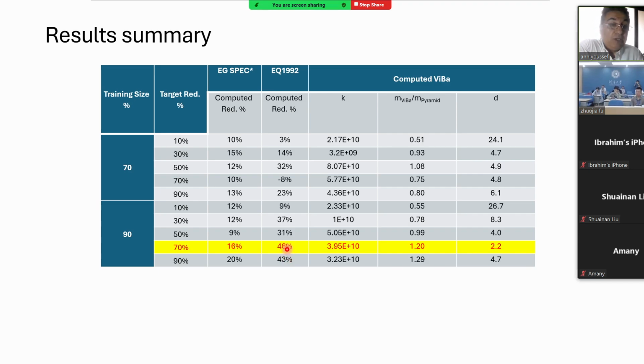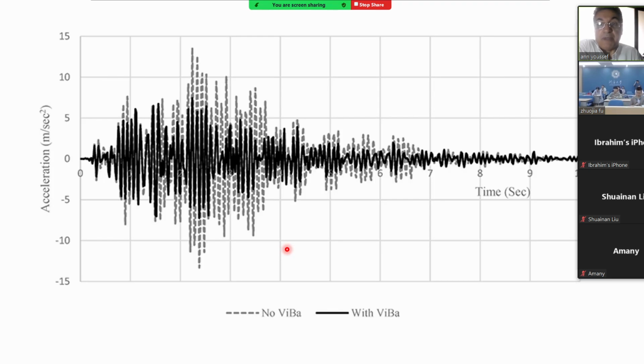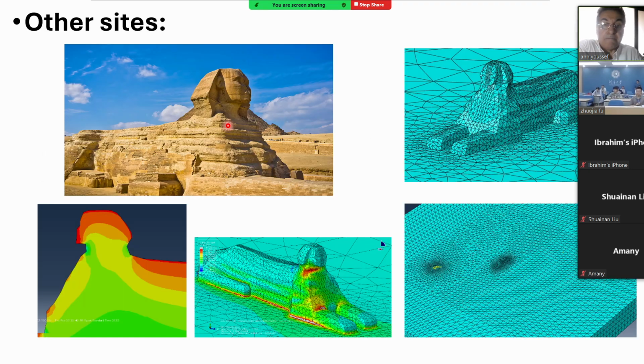And actually, we trained several other earthquakes. We reached within the 40 plus percent reduction in the peak acceleration of the top of the pyramid. You can see this is the reduction in the acceleration of the pyramid.